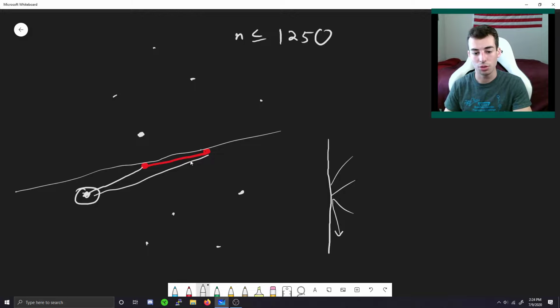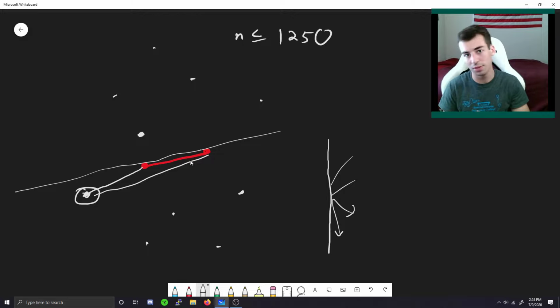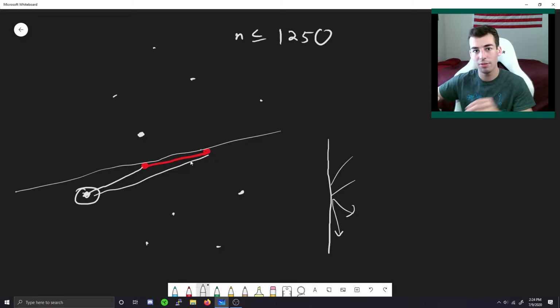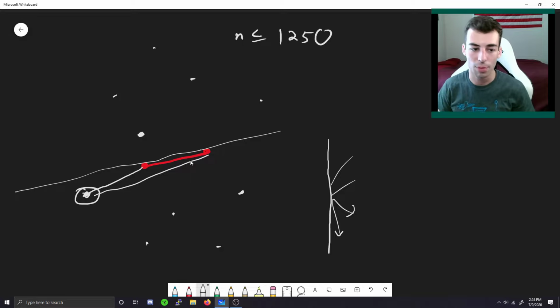If you take two vectors and their cross product is positive, then one of them should be first. If it's negative, the other one should be first. I'll leave it as an exercise to the viewer to figure out why. It's also possible to do this if they're not all in the same hemisphere, but then you have to define some start. Usually you use the positive x-axis as your start, so that's where you cut the circle in half, and then you can define everything from there.